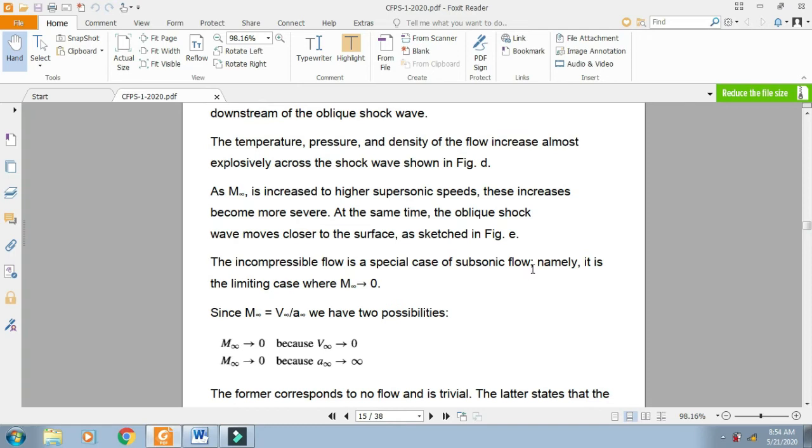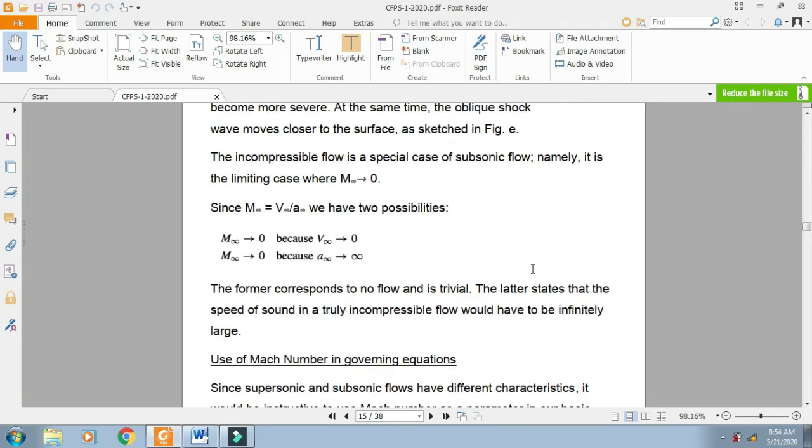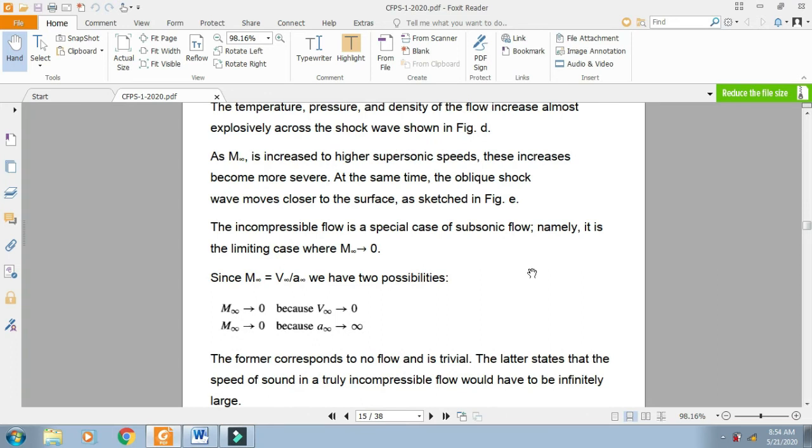Apart from this, there can be other cases. For example, M infinity approaches 0. When Mach number infinity is less than 0.8, it is termed as subsonic flow. Incompressible flow is a special case of subsonic flow. When M infinity approaches 0, the flow is incompressible.